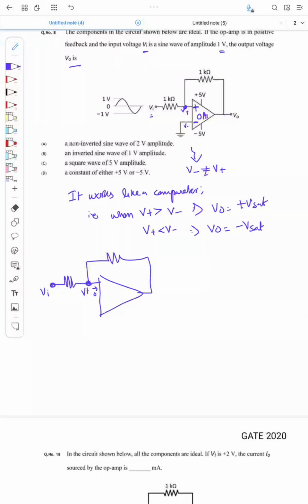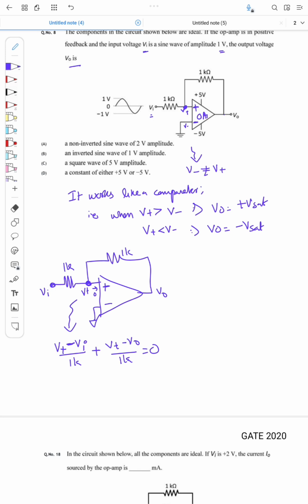This is Vi, and this is 1K, this is 1K, this is V0. So I will apply Kirchhoff's current law at this node. V plus minus Vi by 1K is the current flowing like this, plus the current flowing like this, that is V plus minus Vout by 1K, will be equal to 0. That is what Kirchhoff's current law states.